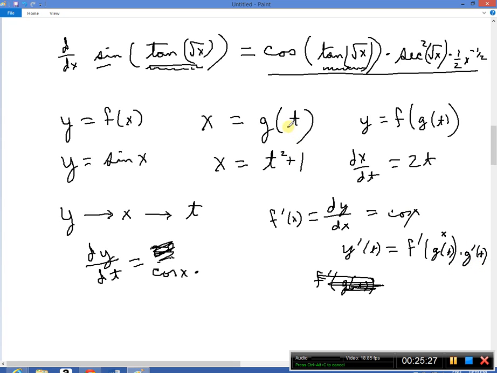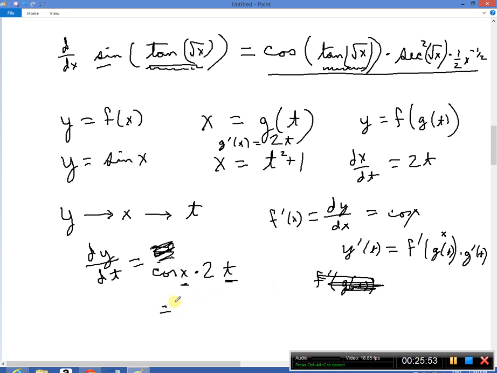And g is known to be t squared plus 1. So g prime of t, just looking at this, would simply be 2t. So this cosine of x would be multiplied by 2t, which looks a little bit weird because you've got x's and t's mixed together, and that's not usually good.